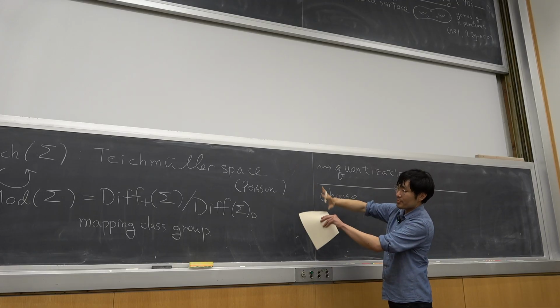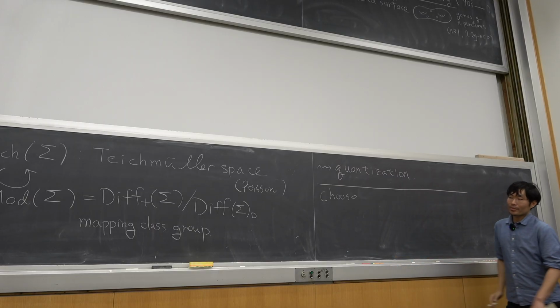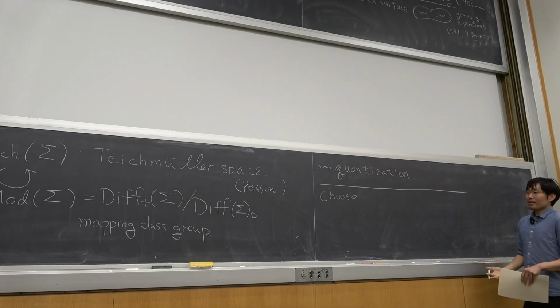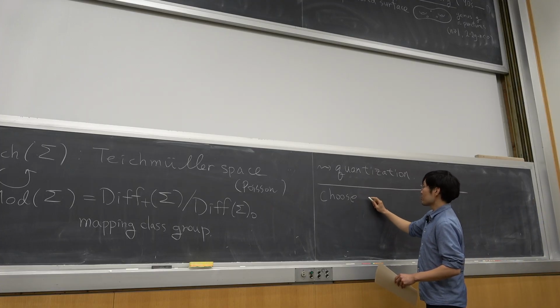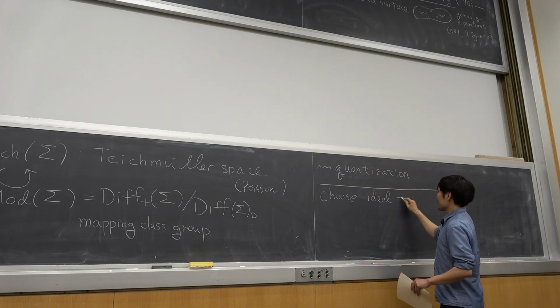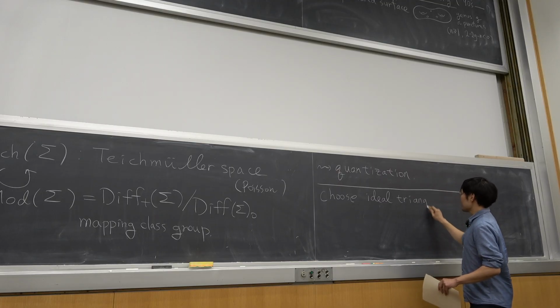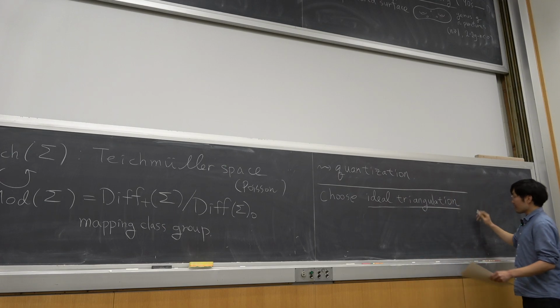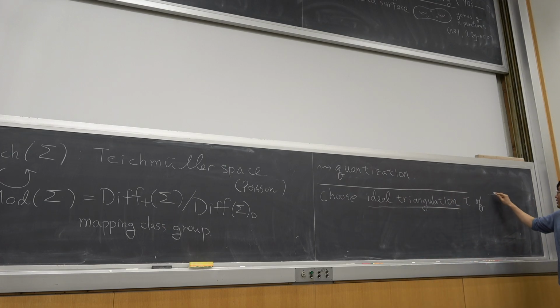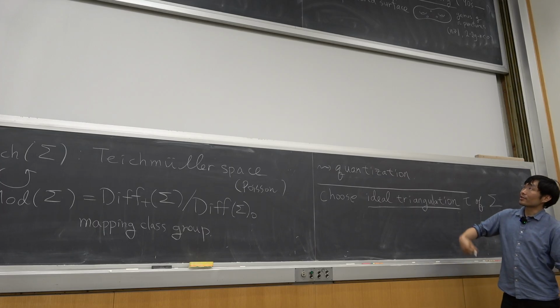So these are the input data of this quantization problem, whatever that means. But to solve it, what is used is the extra data called an ideal triangulation. So choose an ideal triangulation, let's say tau, of the surface. So these things that I'm trying to briefly review about the finite type surface will have an analog later that will give us the Thompson group T.